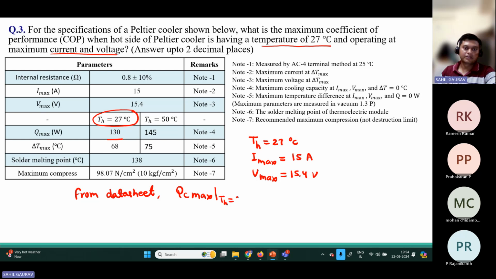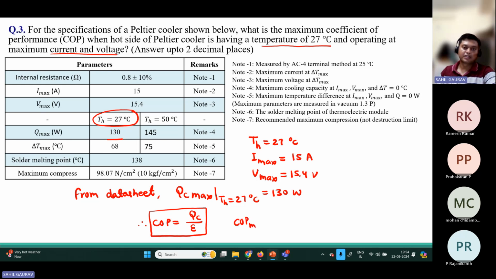And we know that COP is heat energy extracted upon electrical energy provided. So we know the COP of the Peltier module by this expression.